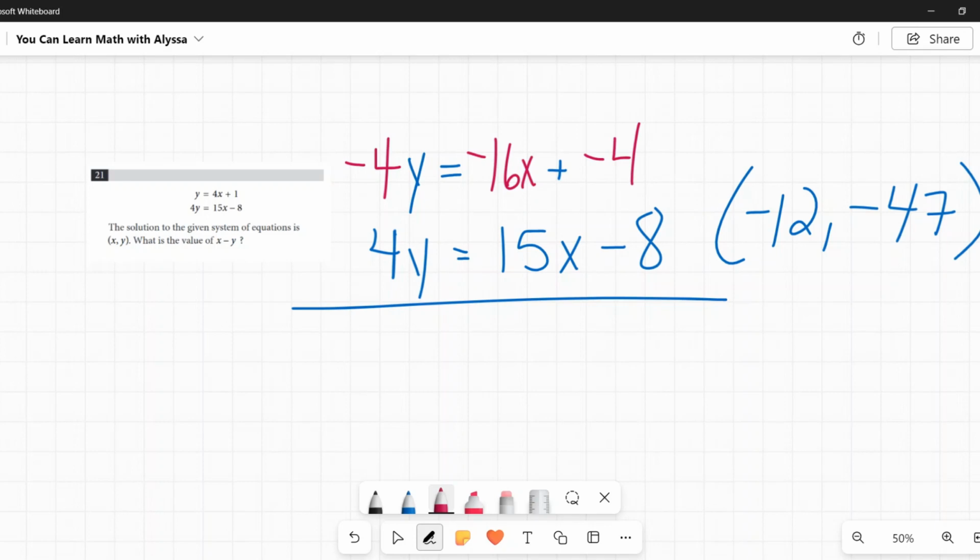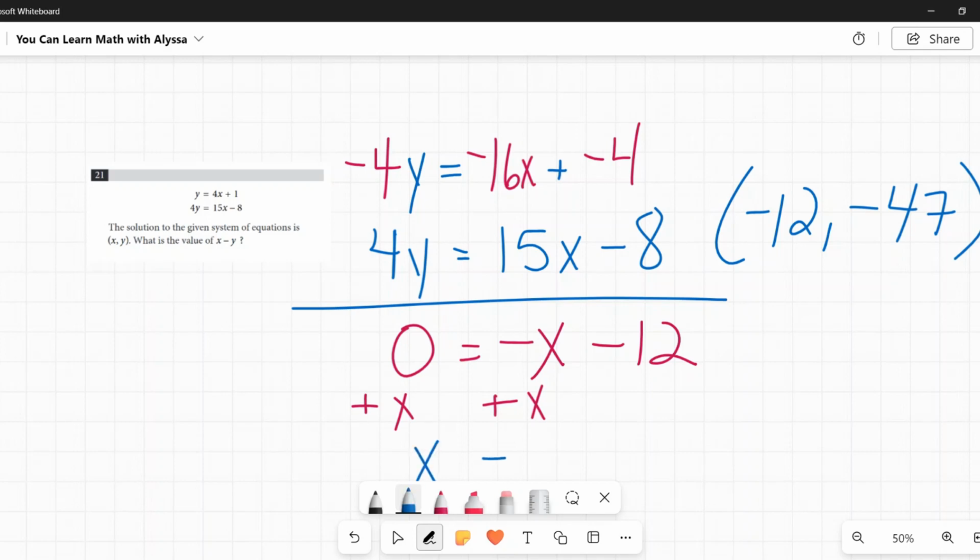When we add all these together, negative 4y plus 4y equals 0. Then negative 16x plus 15x is negative x. Negative 4 plus negative 8 is negative 12. Then I add x to both sides, which gives me just x on the left and negative 12 on the right. So here we are back again: x is negative 12.